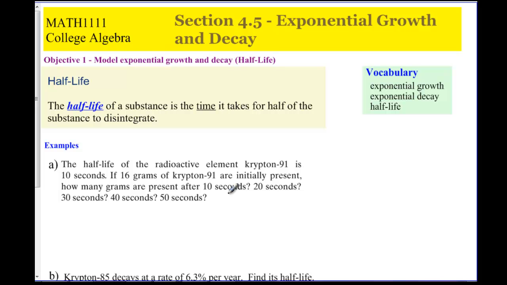Sorry, we started out with 16 grams. So after 10 seconds, we'll have 8 grams left. And after 20 seconds, we'll have how many grams? Yep. 30 seconds. 40 seconds. 50 seconds. Yeah. That okay?